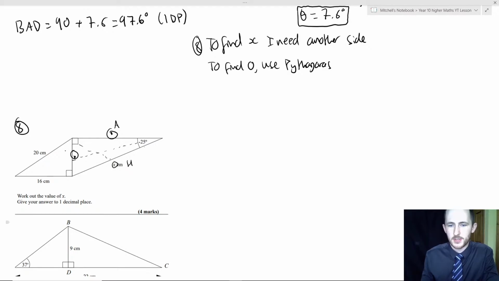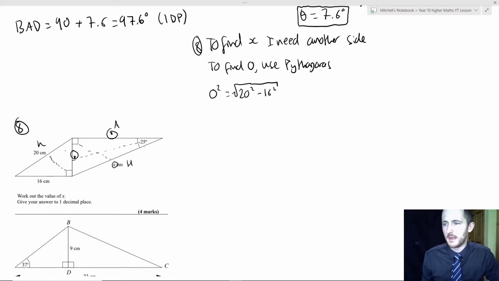And in this question here, what are my sides? Well, this is my hypotenuse because it's opposite the right angle. So to work out the missing side O, I'm going to do the square root of 20 squared minus 16 squared.